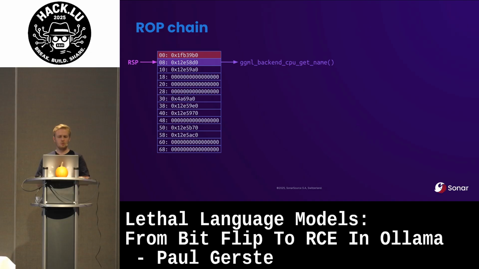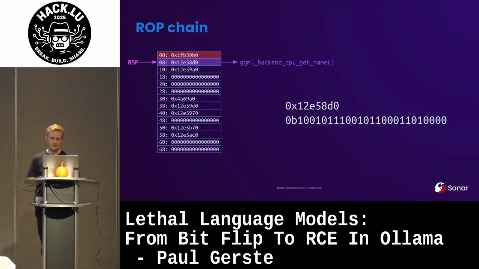And while this doesn't do a lot, it doesn't take an argument, it just returns a pointer to a string. Later in the struct, there's other functions, and those might crash if they're executed the wrong way, if the arguments don't fit, or they would also probably clobber some CPU registers, and this would mess with our ROP chain. So I looked at the address more closely and checked which bits are 0 and 1.